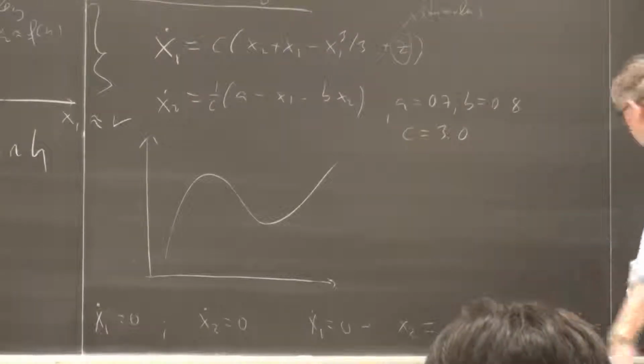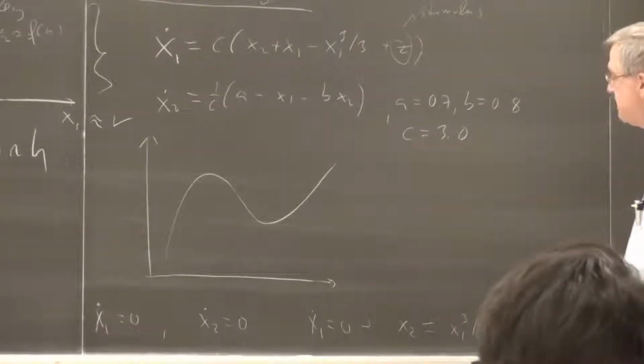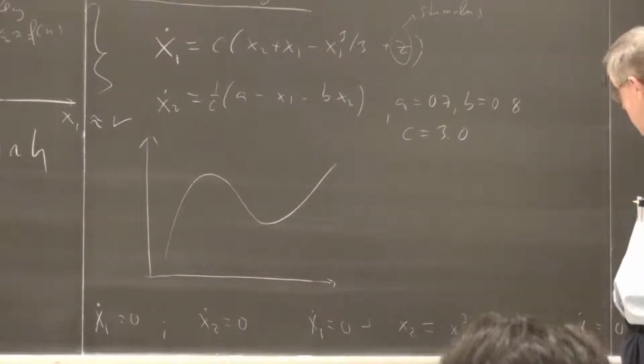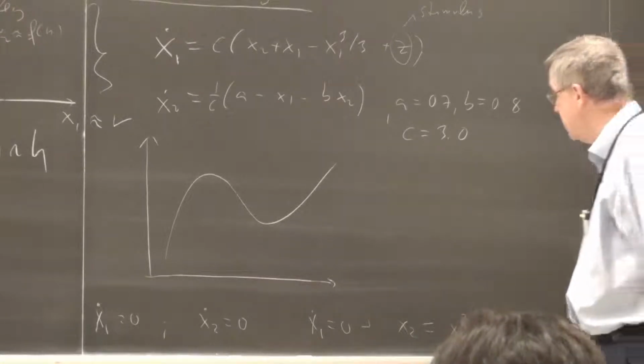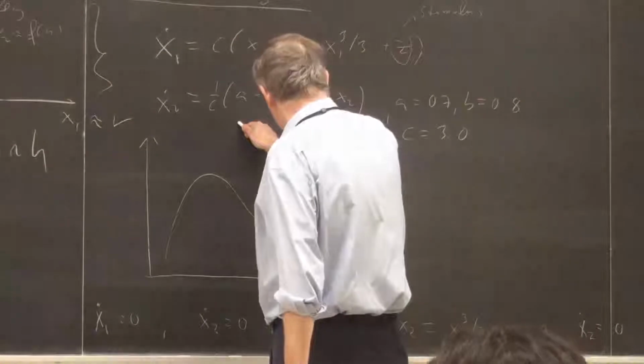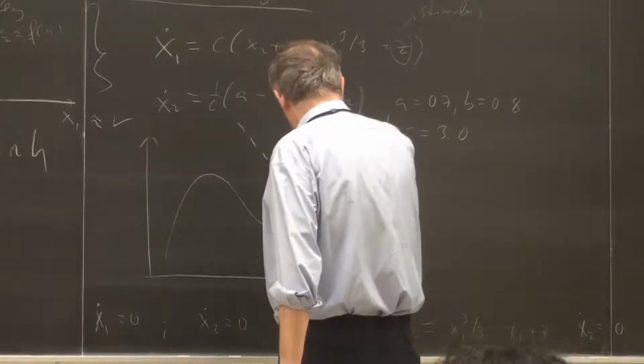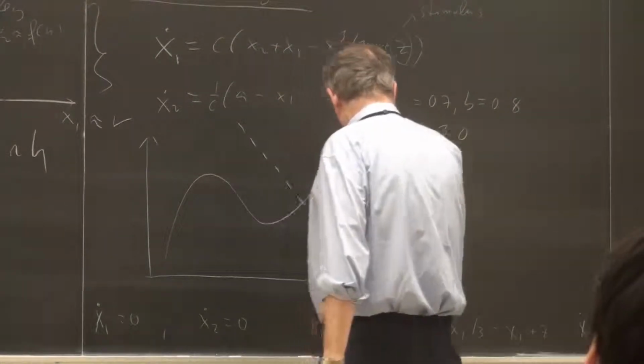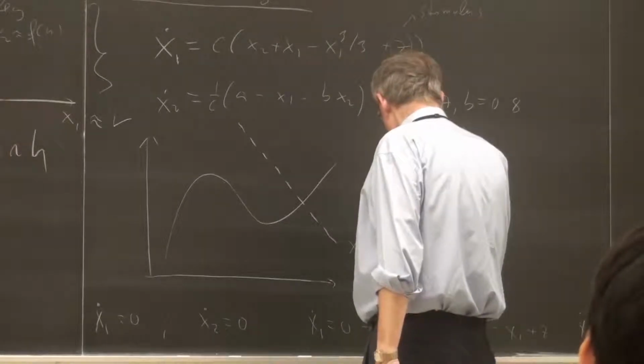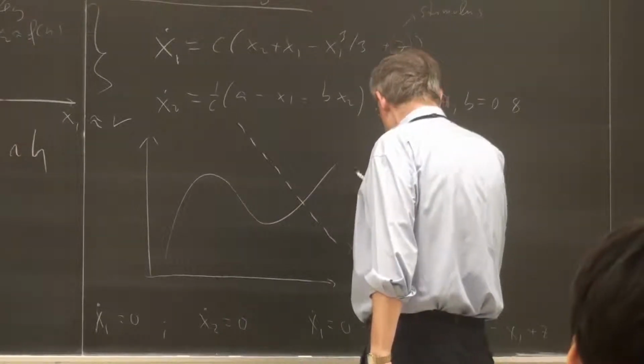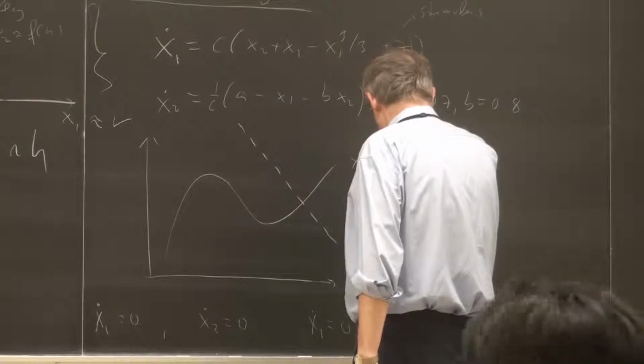You figure out what gamma and delta are. It's a line like this. So this one is x2 dot equals 0, and this is x1 dot equals 0.